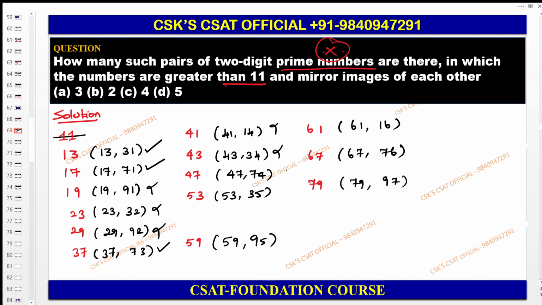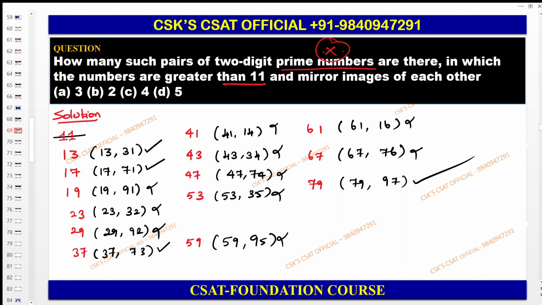Then 74 is also not. Next 35 is also not. Then 95 is also not. Then 16 is also not. 76 is also not. Then this one. Anything else missing here?